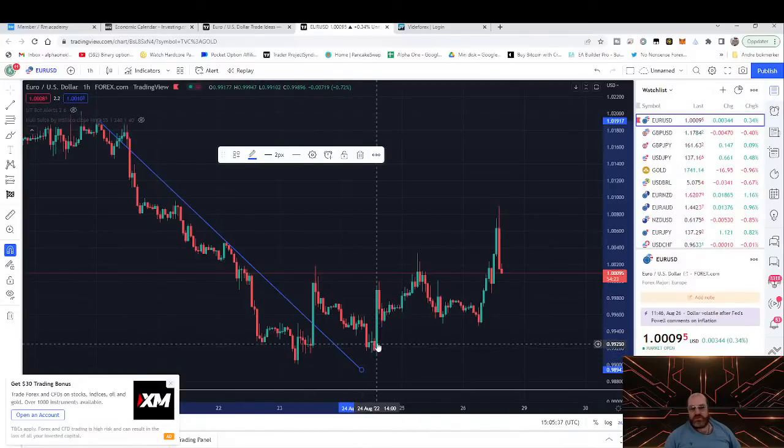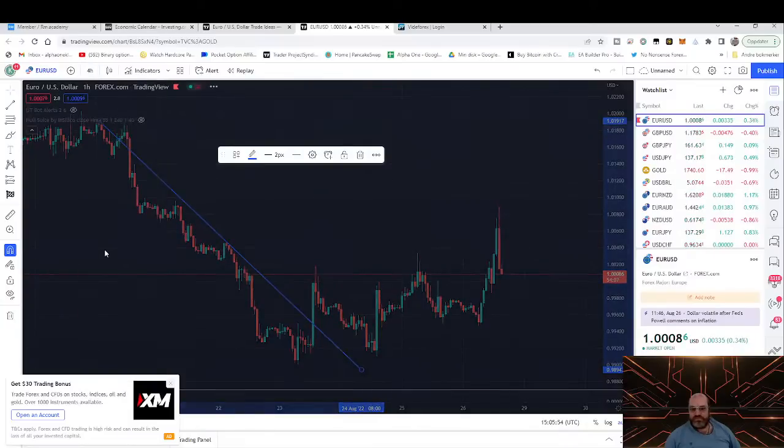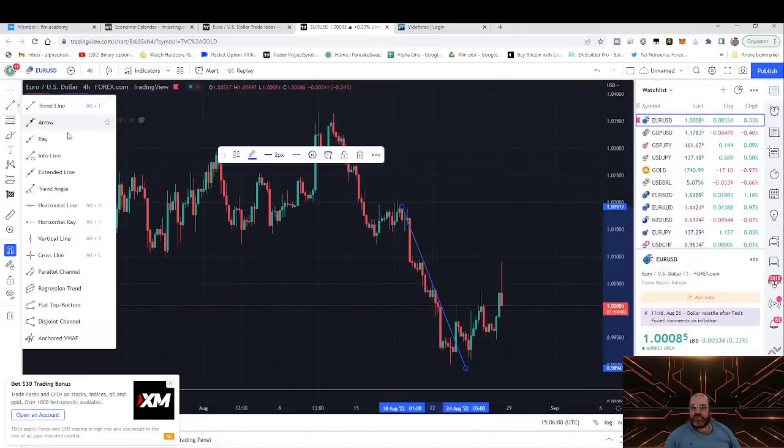But then we got this bar that shoot up above, almost above, but we got a continuation, and now we are currently at the support of the $1.